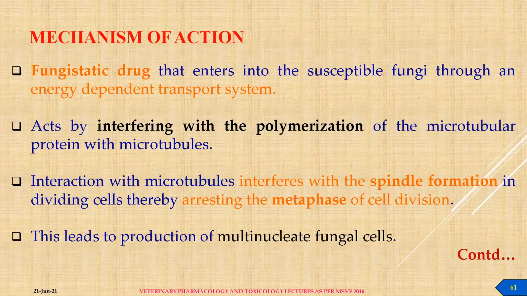It acts by interfering with polymerization of the microtubular protein into microtubules. That means it is effective against fungi by inhibiting microtubular protein function, and interaction with microtubules interferes with the spindle formation during cell division, thereby arresting the metaphase of cell division.